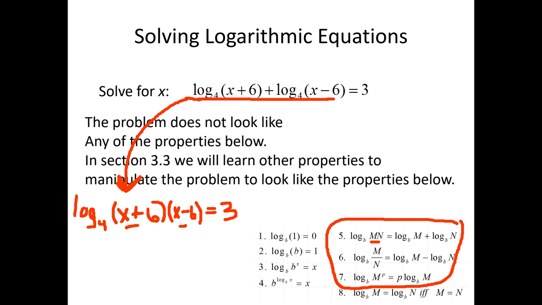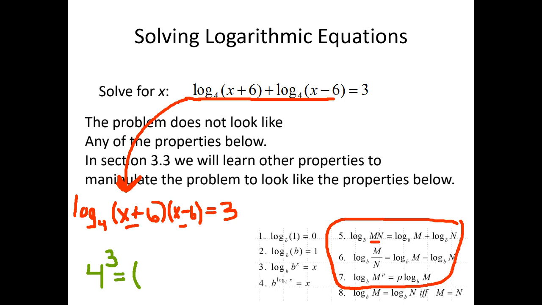And so what I'm going to do is I'm going to change it to exponential form. So my base here is 4, so I'm going to write 4. Okay. The log is always equal to the exponent, so this log is equal to 3. So that means that my exponent is 3. And then I have the rest of this stuff.